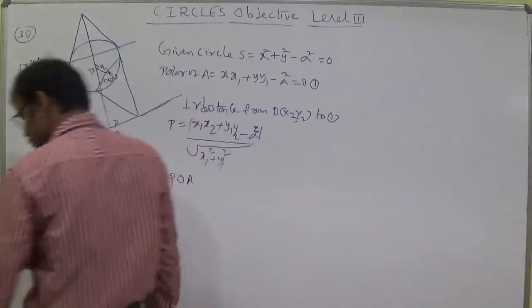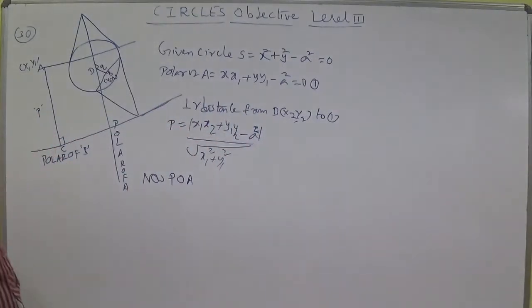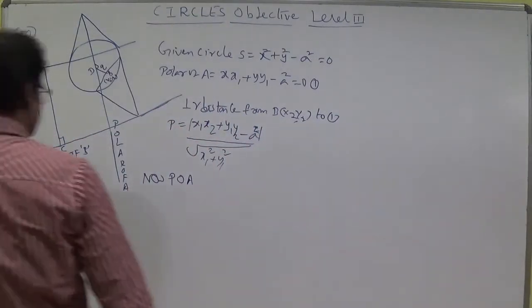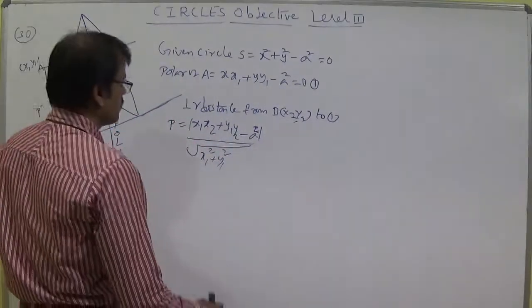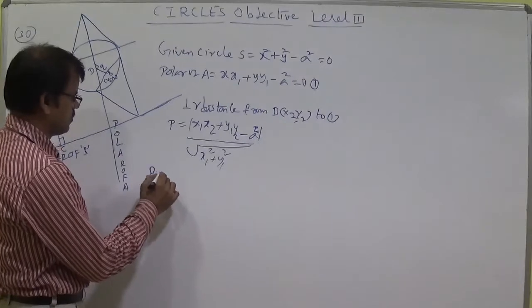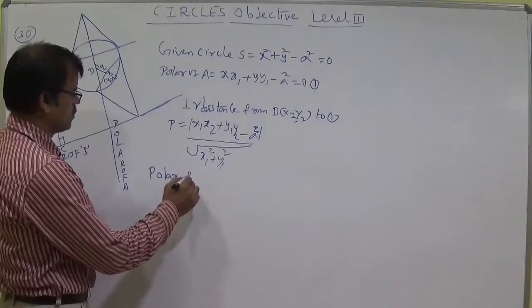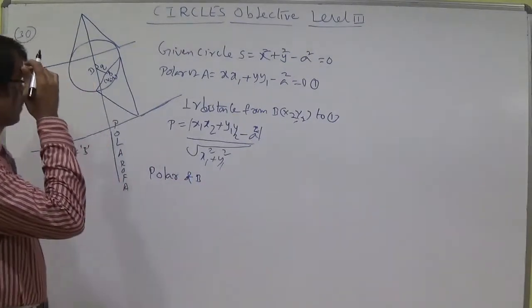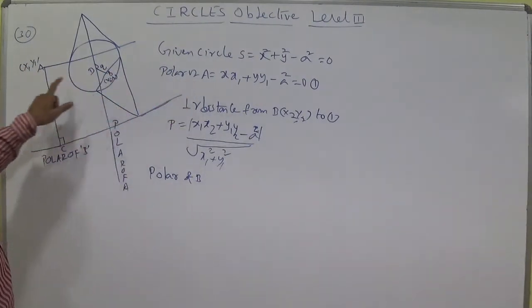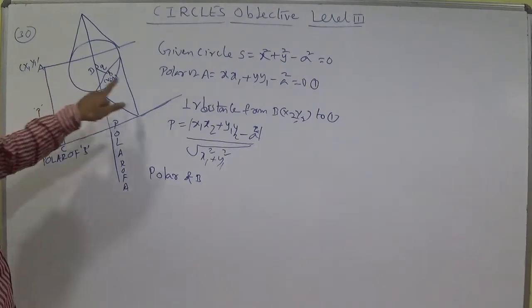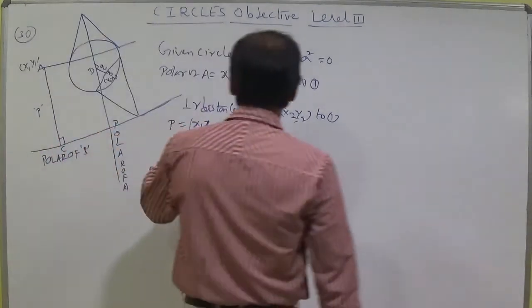Okay, let us discuss about Q also. Polar of B also. Polar of A means x1 comma y1, circle is x square plus y square. Polar of A is S1 equal to 0, xx1 plus yy1 minus a square.